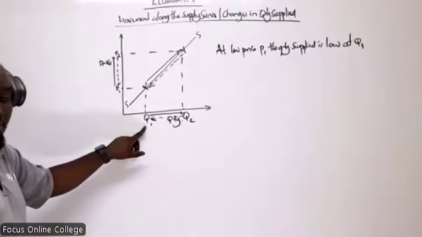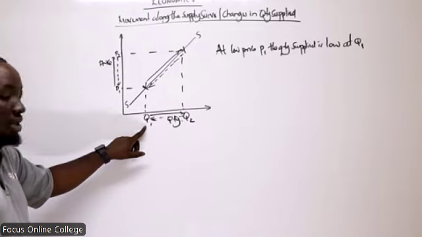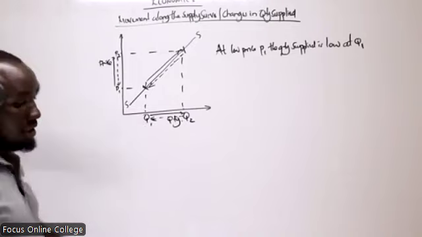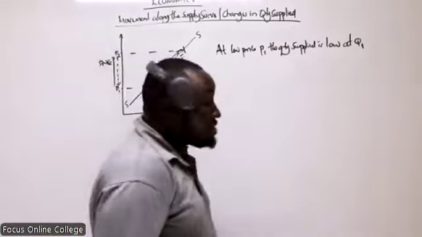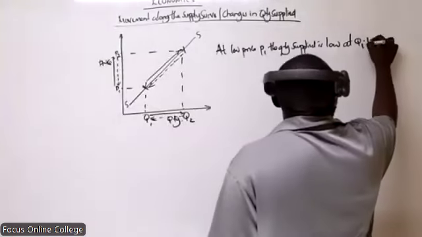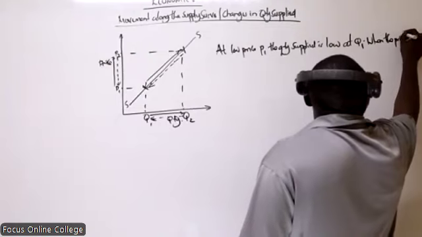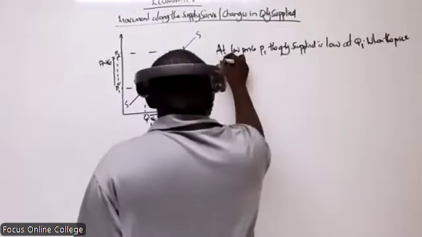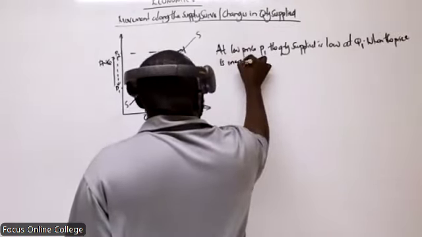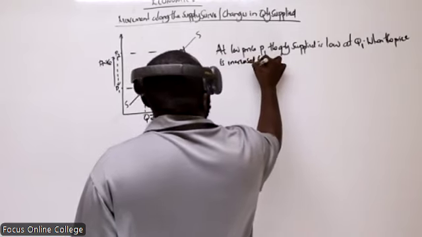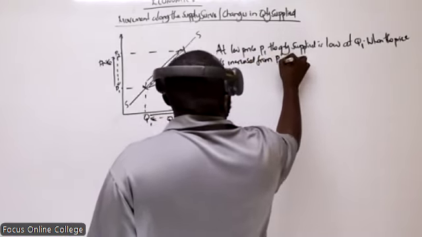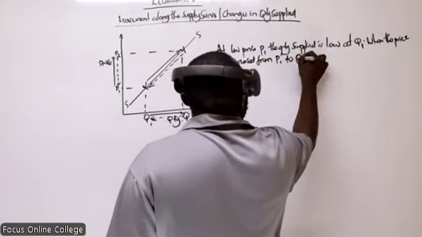Are you able to see that? The quantity supplied is low at Q1. And when the price is increased from P1 to P2, what happens?